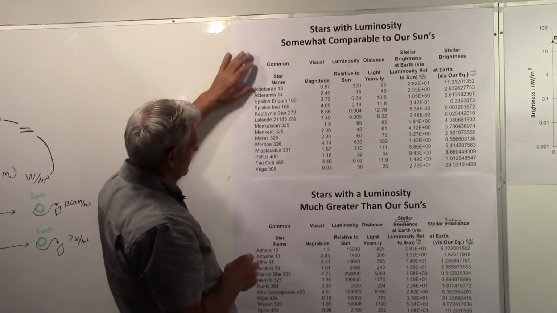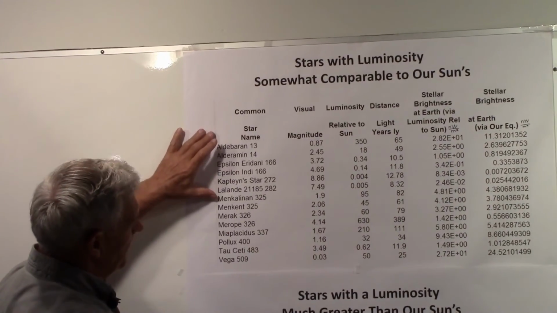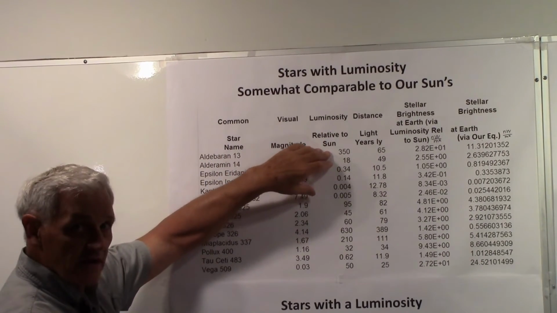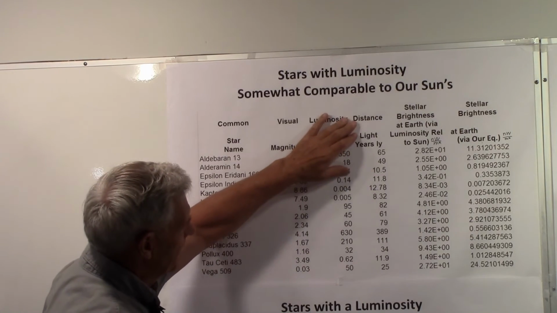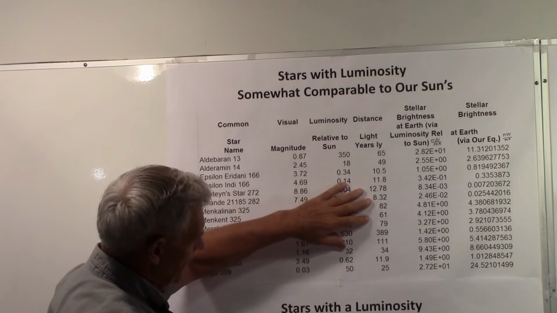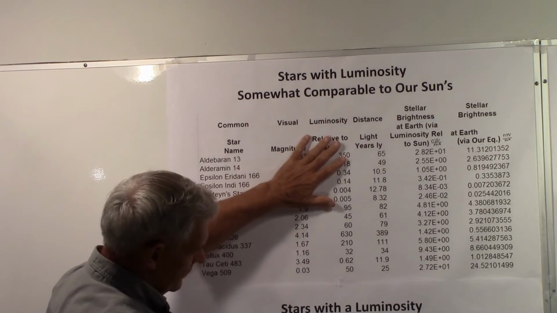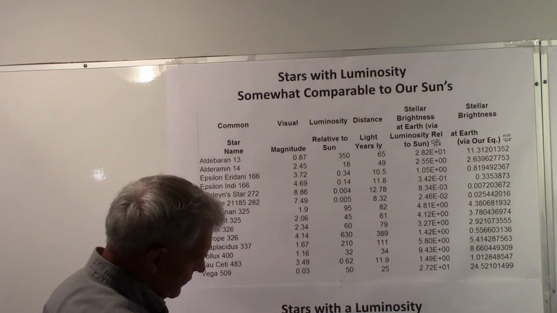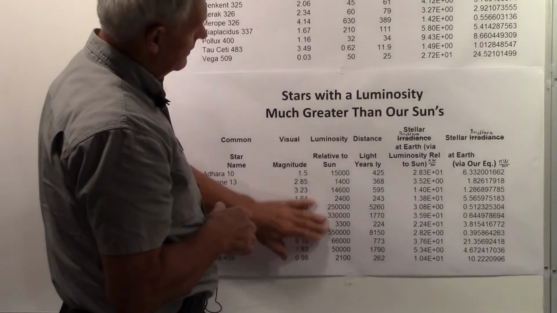So I went through different catalogs, looked up stars, found out what their luminosity was relative to the sun, and found out what their distance was from the Earth, both for stars of comparable luminosity to our sun and stars with much larger luminosities.